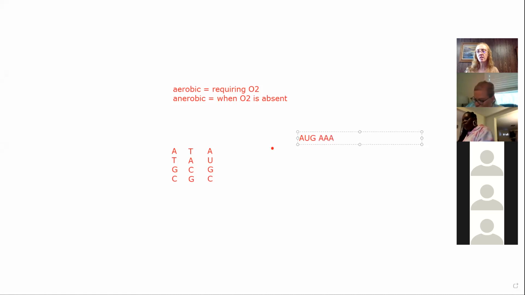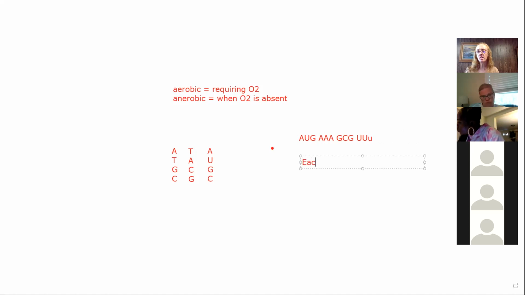AAA codes for another amino acid. GCG codes for something else. UUU codes for something else, and so forth. So each set of three bases codes for one amino acid. Each of these sets of three bases is called a codon.